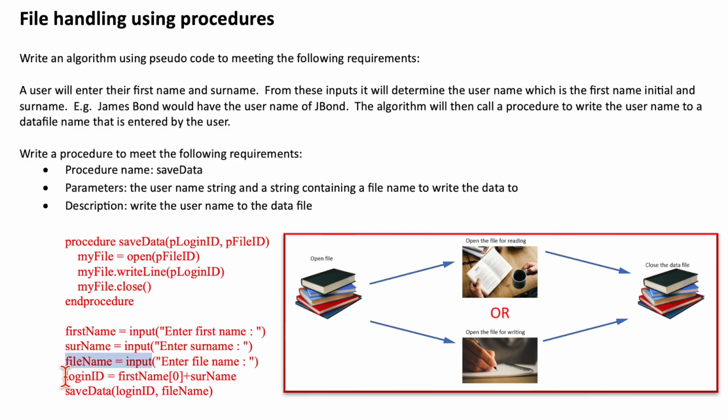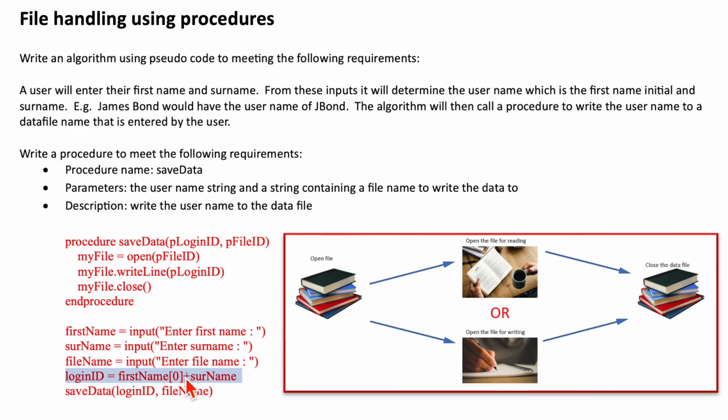So our next line of code will assign the login name to a variable called login ID. So this line of code says login ID is assigned the value of first name at index position 0, which means the very first character of the first name. So in this case, the J of James.